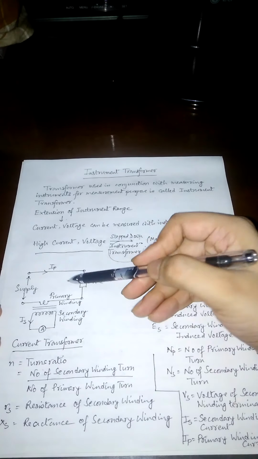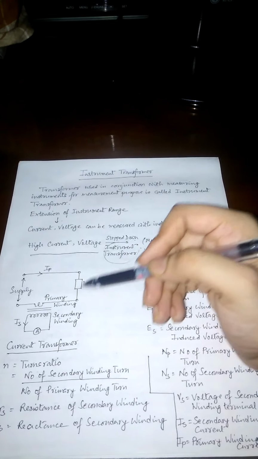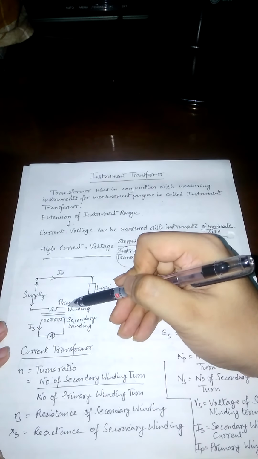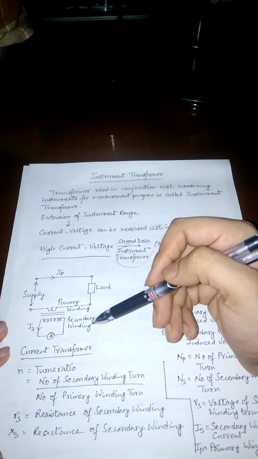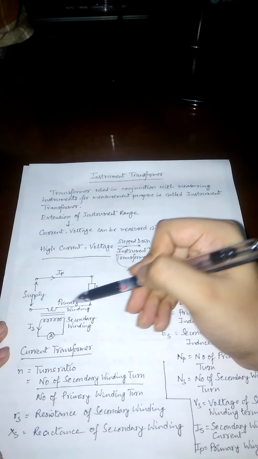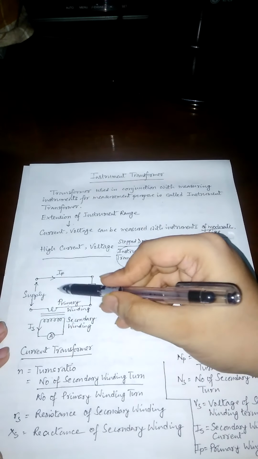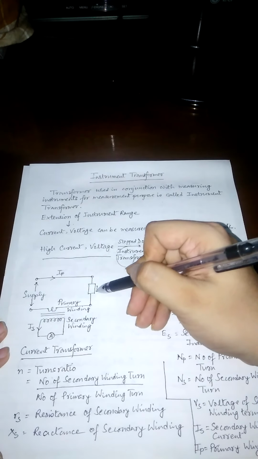Now if we consider the current transformer circuit, see here, this is the primary winding of the instrument transformer, and this is the secondary winding of the transformer. Here the line current is flowing through this primary winding, and here the load is connected.